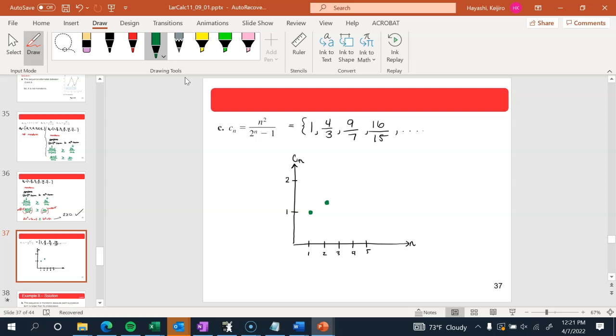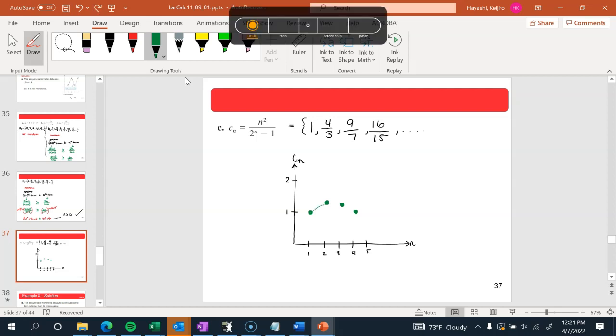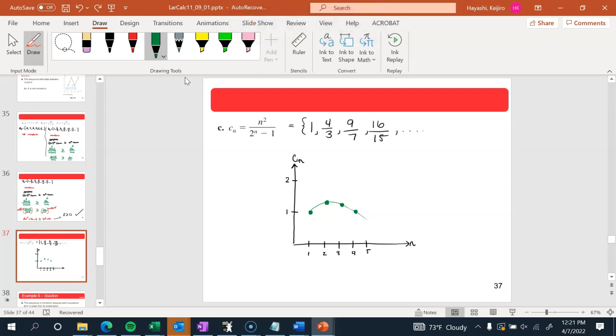Which is less than 1 1/3. And then 16/15 is 1 1/15, which is definitely less than that. So it has this sort of pattern of going up and then going down. It just goes up on the first term, and then it actually goes down thereafter.